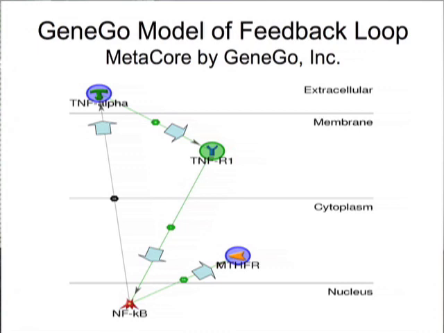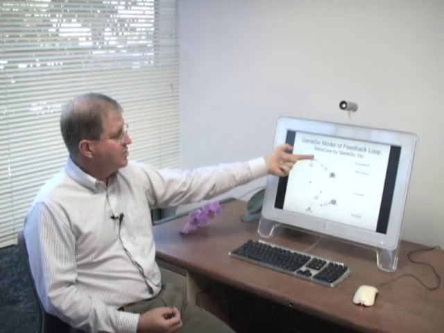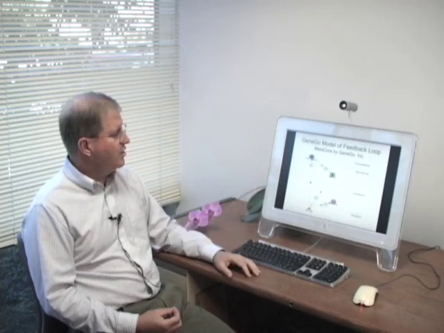You can imagine that whatever influence there might be on TNF alpha, it's transduced through TNF receptor to NF-kappa B, which then amplifies the signal to TNF alpha. And with each iteration through this cycle, the signal would grow stronger.